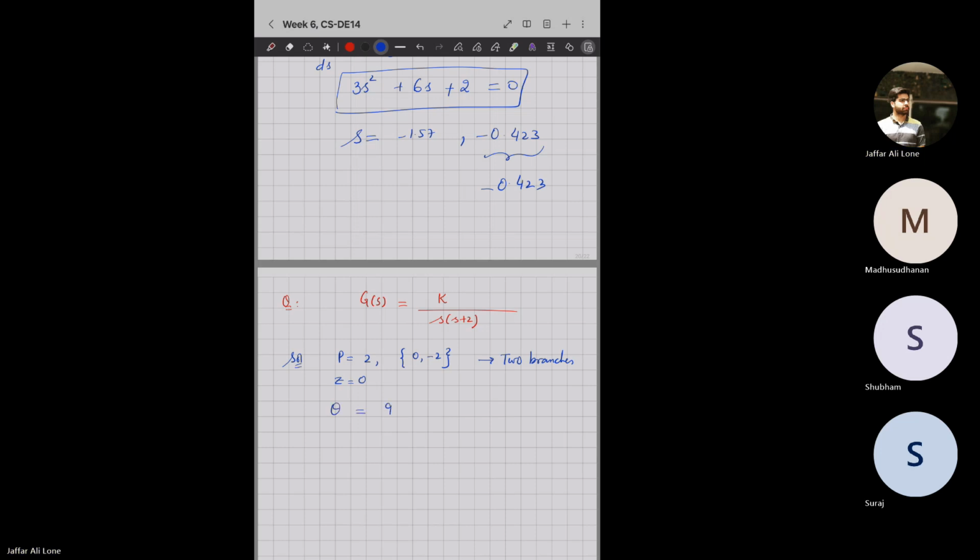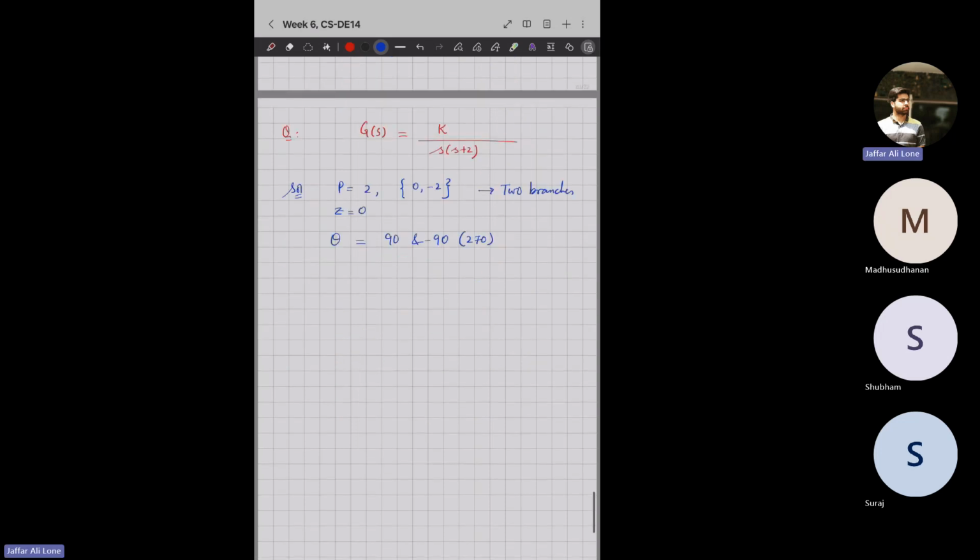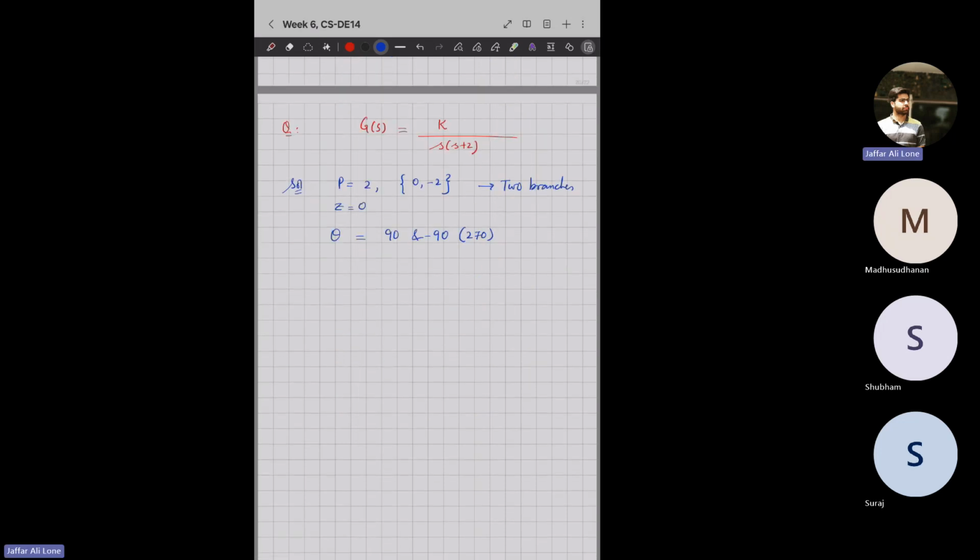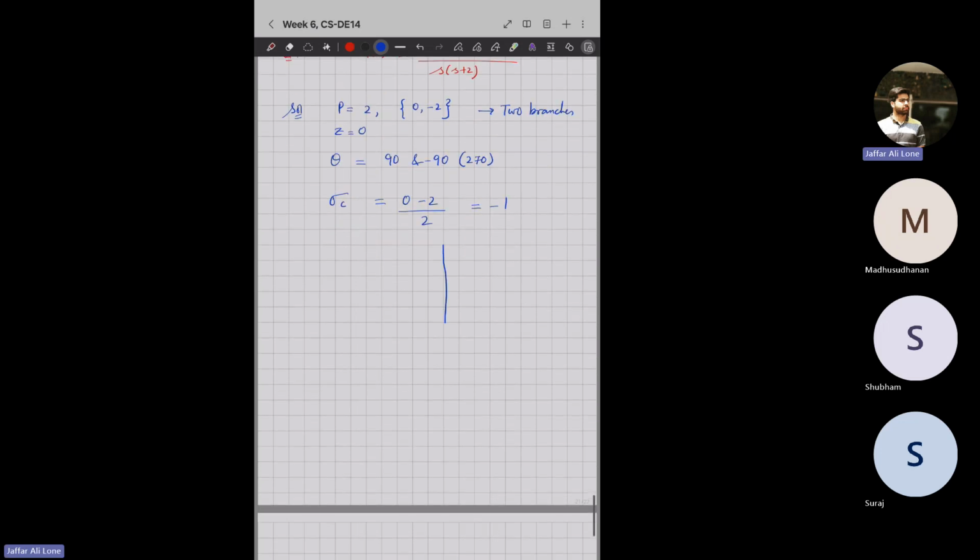Theta will be 90 and 270 degree, or 90 and minus 90, because when you put in the values, you will get theta as 90 and 270. Now centroid. When you put the real parts of poles, 0 minus 2 by 2, which is minus 1. There are no zeros. So centroid is also minus 1. Now let's draw a rough sketch.